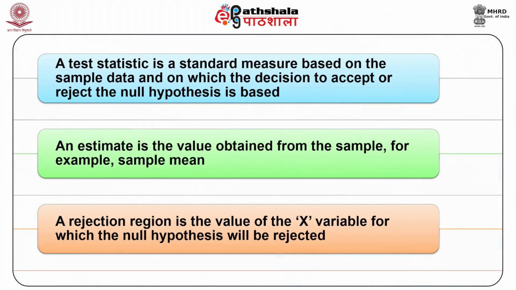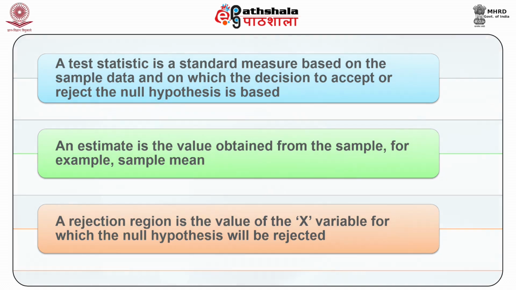A test statistic is a standard measure based on the sample data on which the decision to accept or reject the null hypothesis is based. An estimate is the value obtained from the sample, for example, the sample mean. A rejection region is the set of values of the test statistic for which the null hypothesis will be rejected.